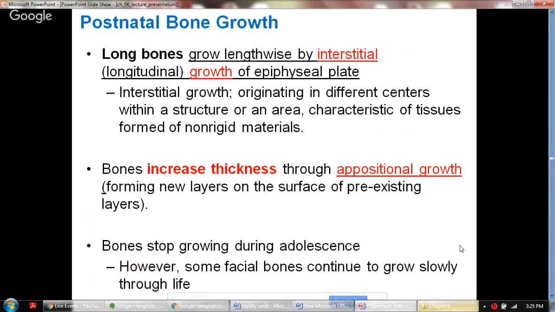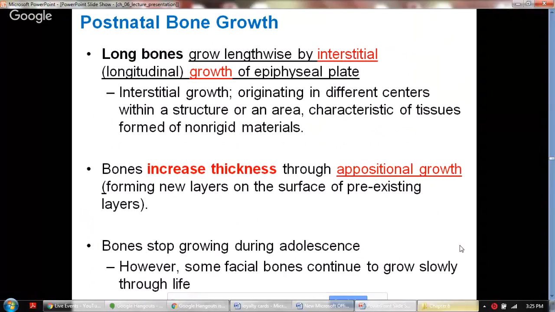So postnatally, the long bones start to grow lengthwise by interstitial growth, and that will lead to making the bones long. And the interstitial growth originates in different centers within a structure or an area, which is characteristic of a tissue formed of non-rigid materials. So that is why it allows the bone to elongate.